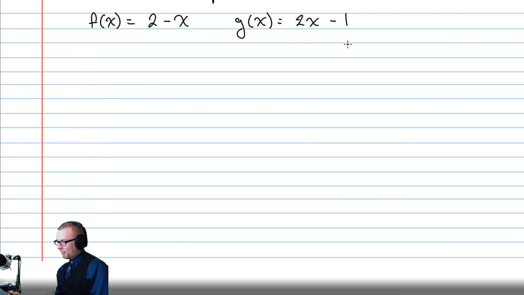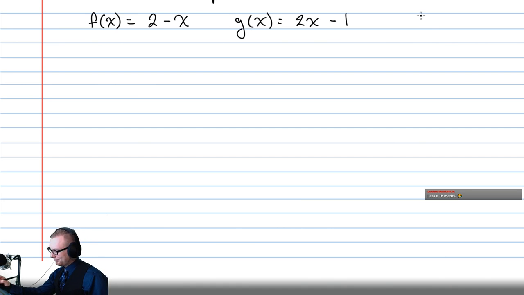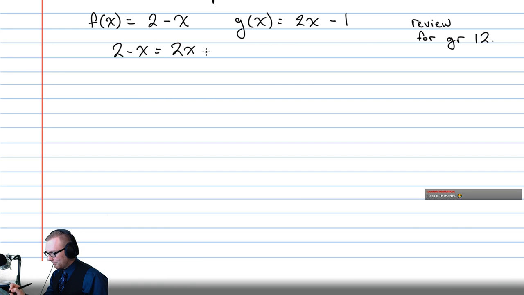Okay, so the first step, you gotta make it 2 minus x equals 2x minus 1.